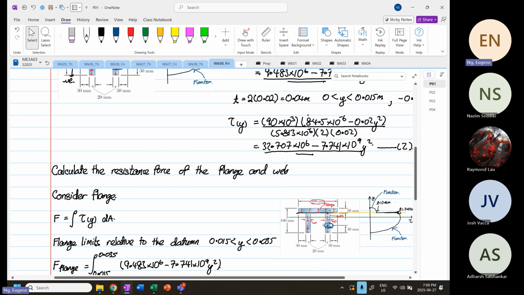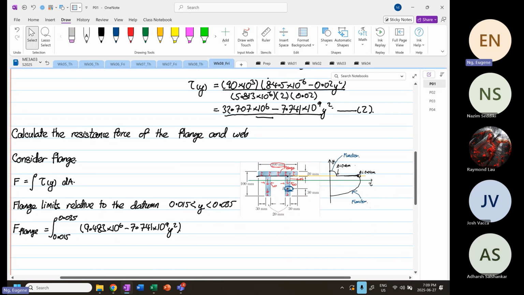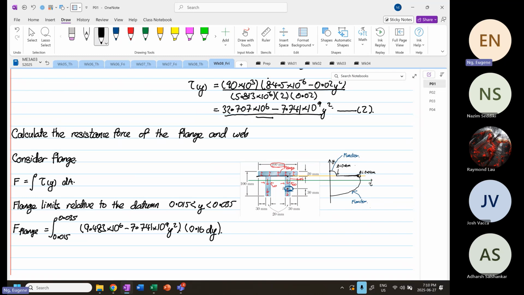And then you have dA. The width is constant, 0.16, and the y is changing, dy, right?